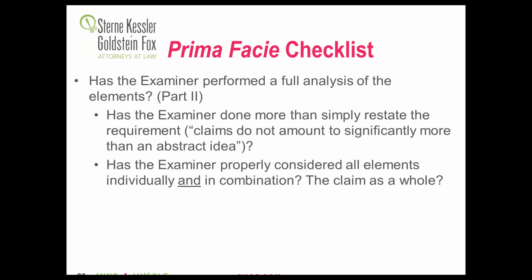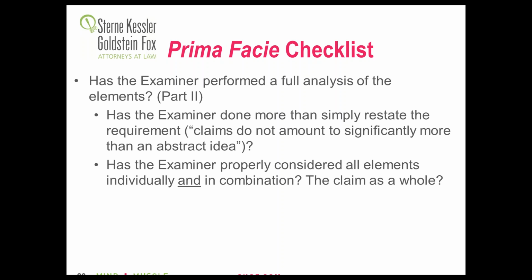Moving on to Part 2 of the analysis, you need to consider whether the examiner has performed a full analysis of all of the elements. So now that you have the abstract idea in mind, you need to look at the totality of the elements in order to understand whether the examiner has done more than simply restate the requirement: yes, the claims do not amount to significantly more than an abstract idea. Well, why not?